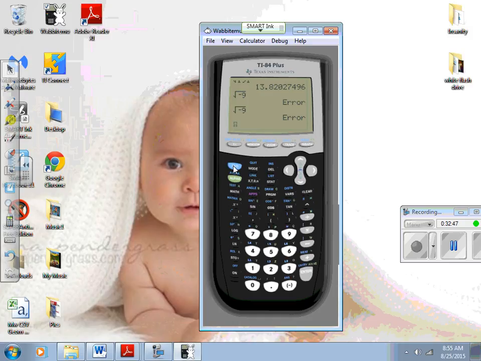Square root of 0 gave you 0. 0 times 0 is 0. Eventually I'm going to show you how to do square roots of negative numbers, but that's called imaginary math.